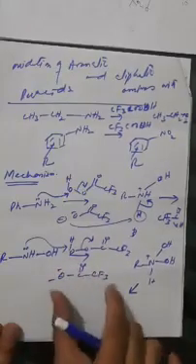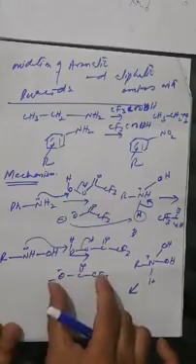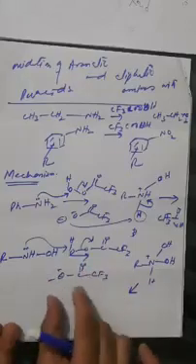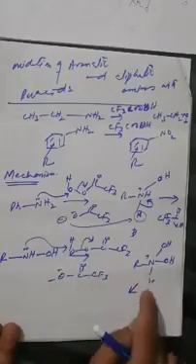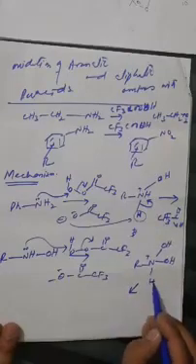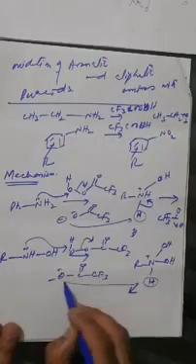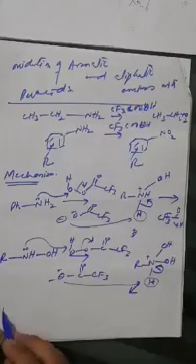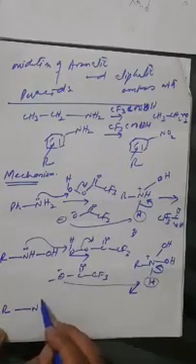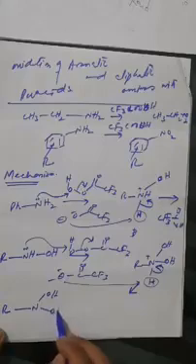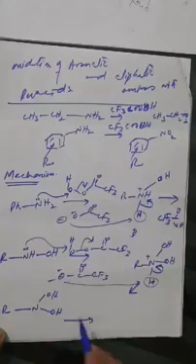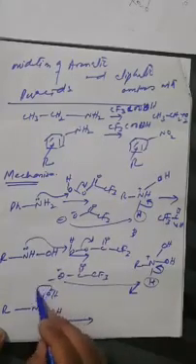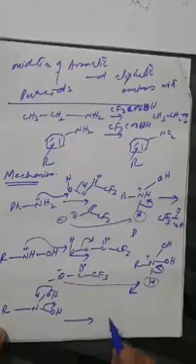This trifluoroacetate ion, which just left in the first step, will abstract this hydrogen. So hydrogen abstraction will occur, this bond will move here, and you get a gem-diol type species when this bond moves and this hydroxide leaves.